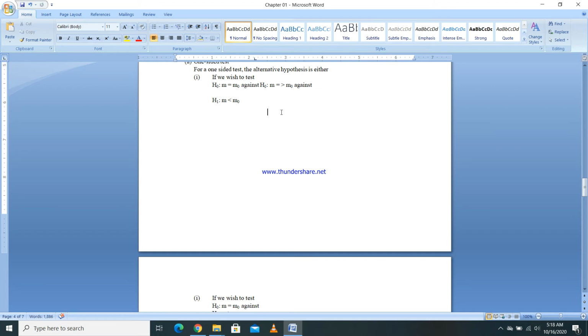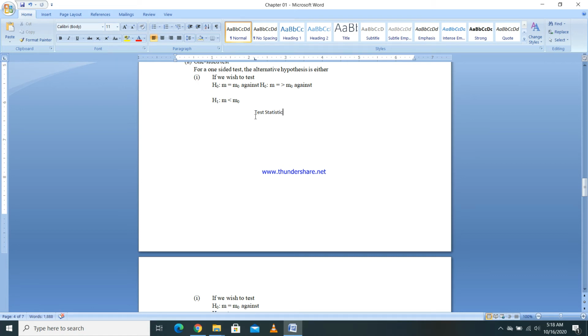So here when you are given the one-sided test, first you have to read the question and write down your test statistic in this way. So the next important thing is, what is your test statistic?